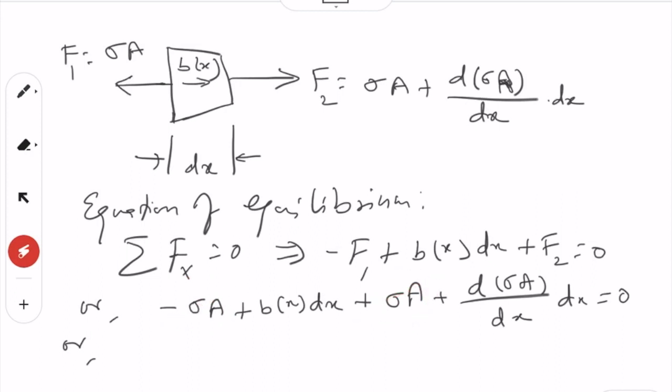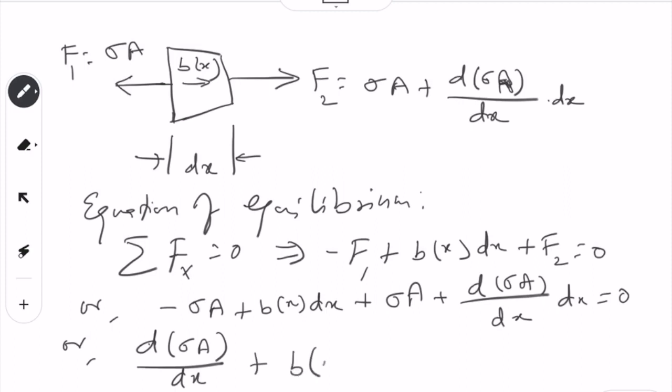What we have simply is Bx times dx plus d sigma A over dx times dx. The dx and dx cancel out. So we have Bx plus d sigma A over dx equal to 0. We get d sigma A over dx plus Bx equal to 0. This is what our equation is.